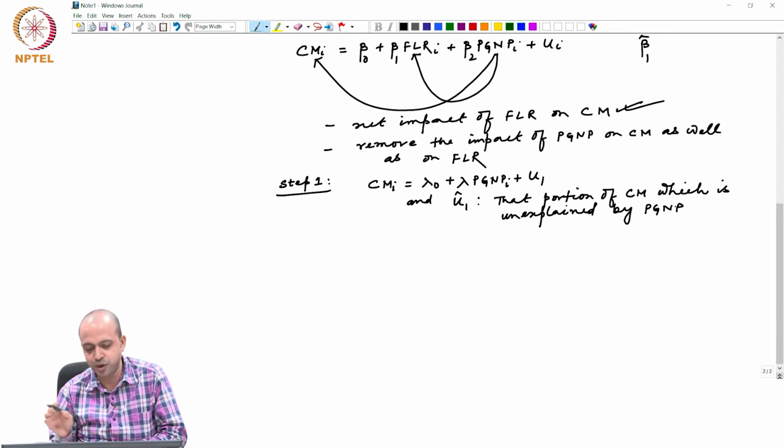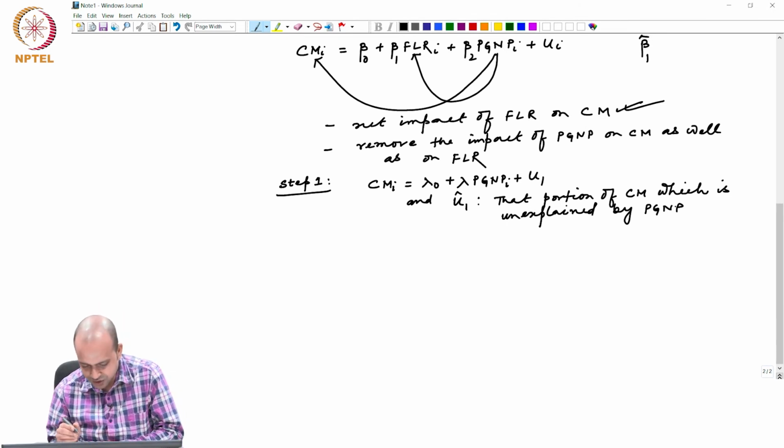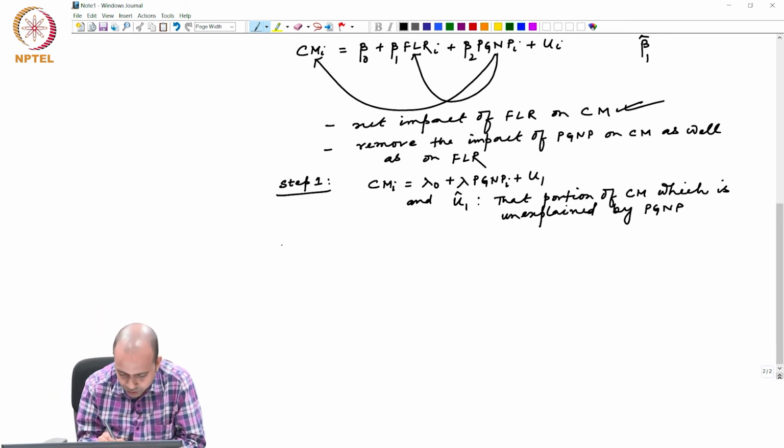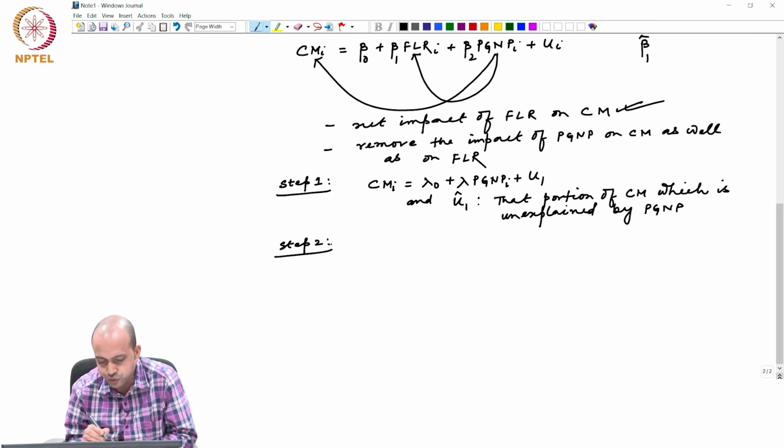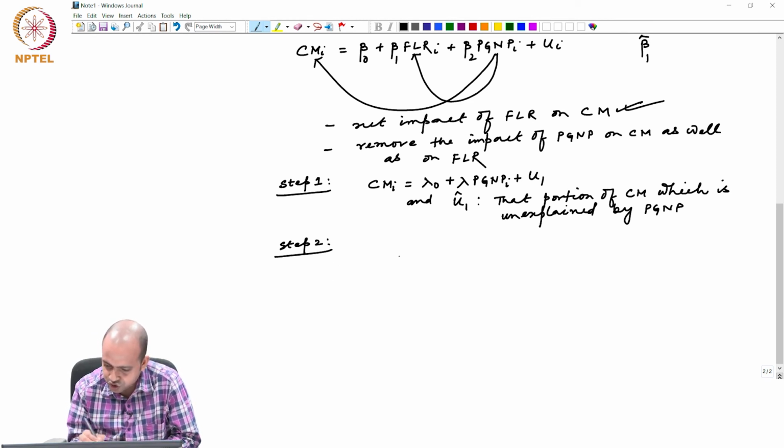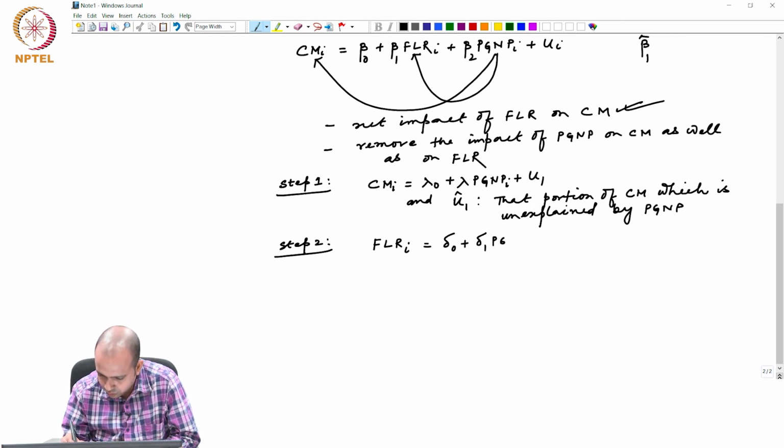which is that portion of CM which is unexplained by PGNP. Then in step 2, what we should do? We will run another regression where FLR is regressed on PGNP plus, let us say, U2.